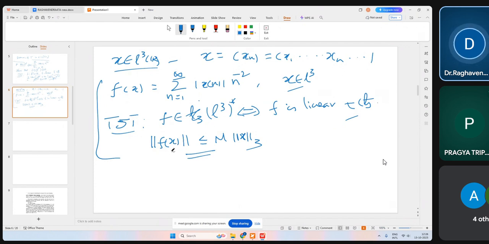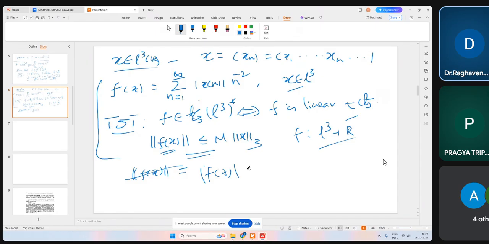So how do you calculate the norm of f(x)? The norm of f(x) is actually the modulus of that expression. Here f is a map from L3 to R, in L3 star. So you have to calculate mod of f(x) less than or equal to some M times the norm of x in L3.